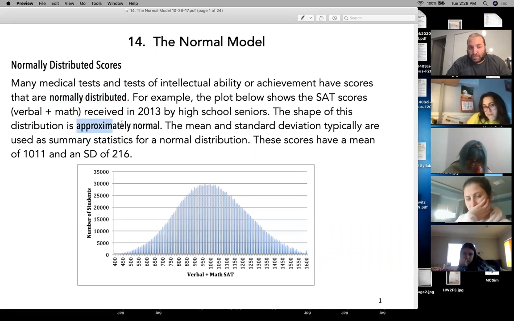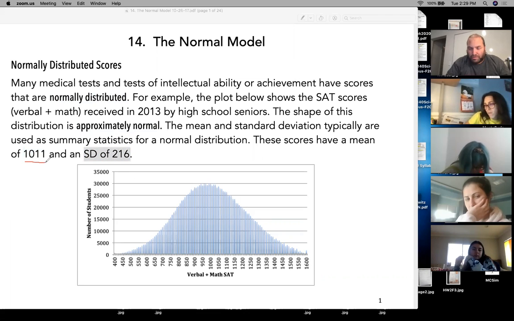it's approximately normal. The mean and the standard deviation typically are used as summary statistics for a normal distribution. These scores have a mean of 1,011 and a standard deviation of 216. Now we're going to use those numbers for a lot of examples today. Do you see why the mean is 1,011?